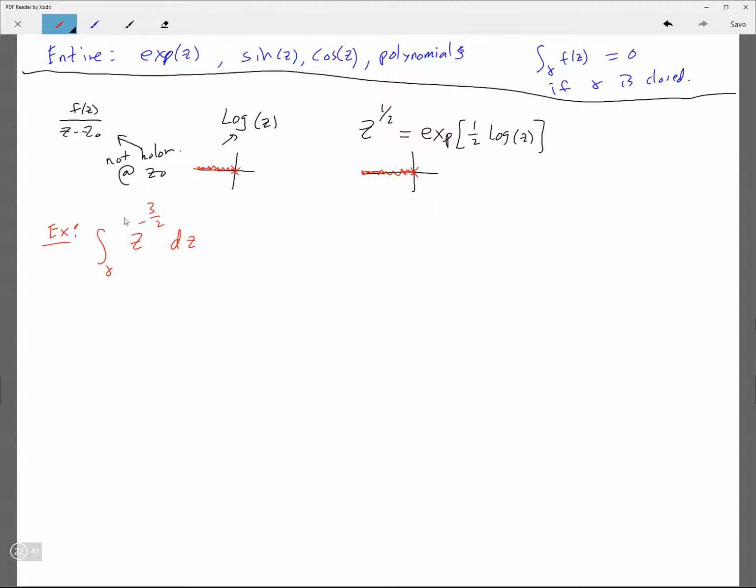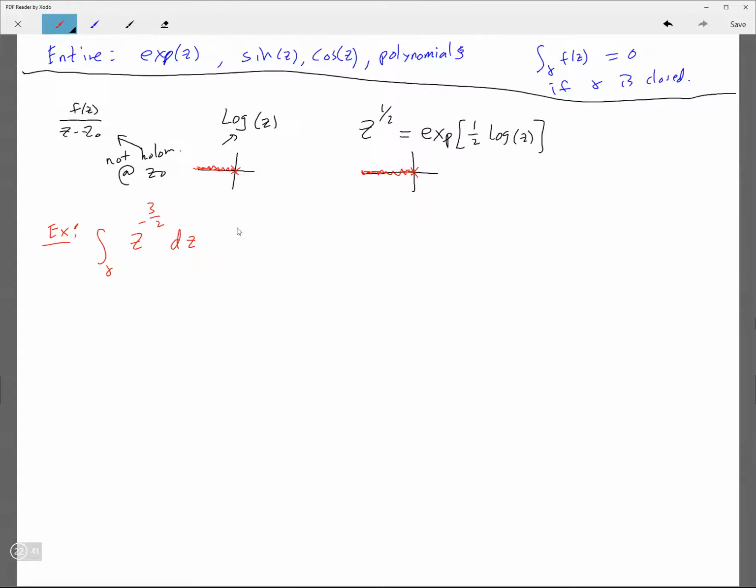Okay, so when you have something like this, you have to worry. If your curve goes through here, then that's problems. You just can't do it. If it's going to cut through the negative real axis, then that's a problem. Or you can split it up into two pieces probably, but we'll try to avoid that for you.